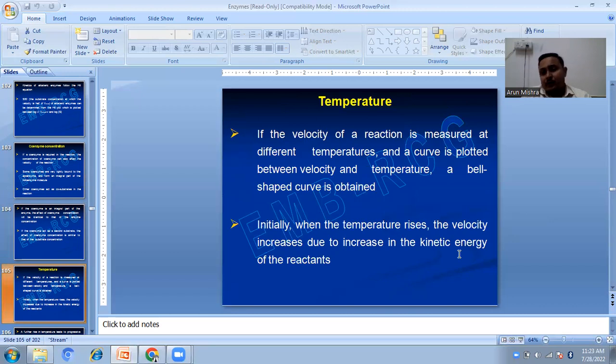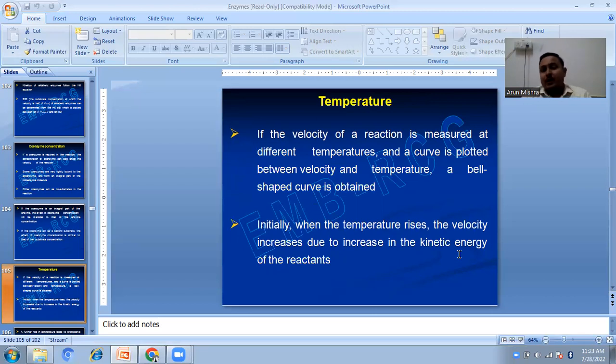Moving on to the next topic, which is temperature. Initially it was thought that if temperature is increased, then the rate of reaction or enzyme interaction will also increase. So if the velocity of a reaction is measured at different temperatures, and a curve is plotted between velocity and temperature, we get a bell-shaped curve.